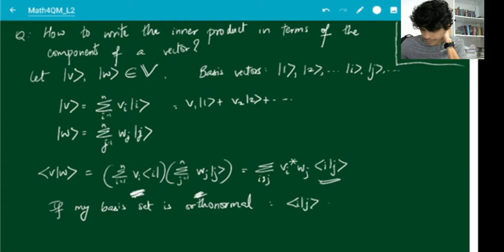The inner product of i and j is going to be 0 if i is not equal to j, but if they are equal, then it is going to be 1 because they are normalized. I'm hoping you have seen this notation somewhere. This is referred to as delta ij, the Kronecker delta.